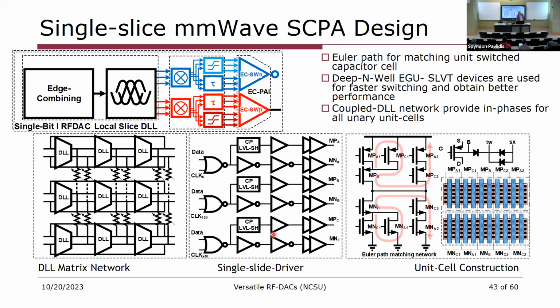The slice design is pretty similar to what I showed you before. The difference is that we have 3 phases of clock that we have to put into every slice. So we just have basically triple the number of logic and buffers. And our output switch design is similar to what I showed you before. We were operating at millimeter wave, so we wanted to compact everything.